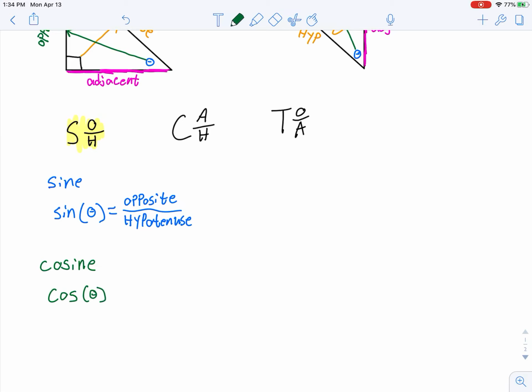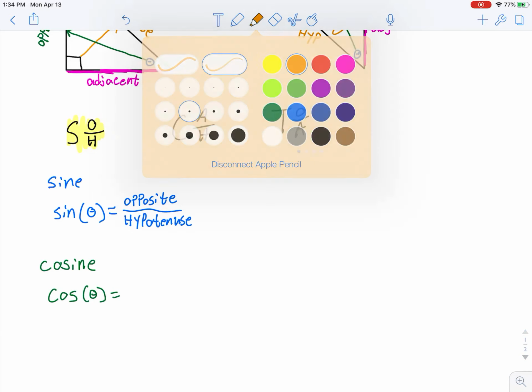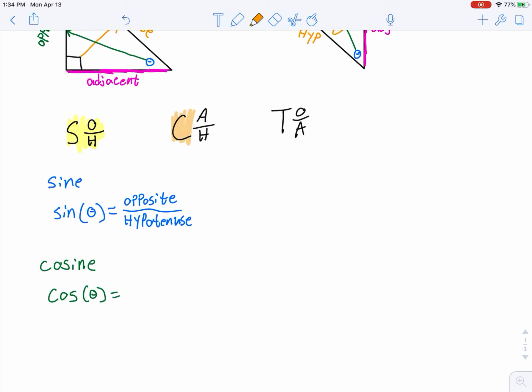Like I said, our angle will always go inside the parentheses when we set these up. And equals, okay, so our cosine, right here, its ratio is what? A over H. So the A stood for adjacent, and the H stood for hypotenuse.